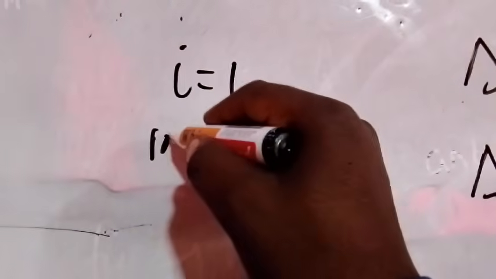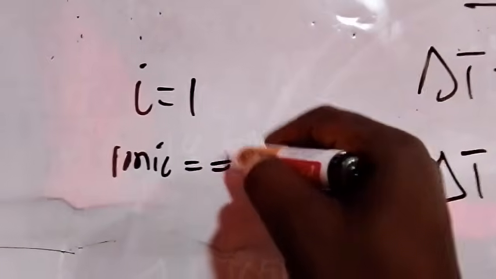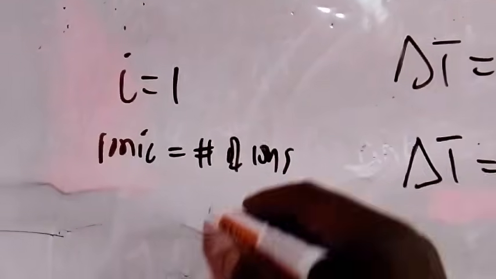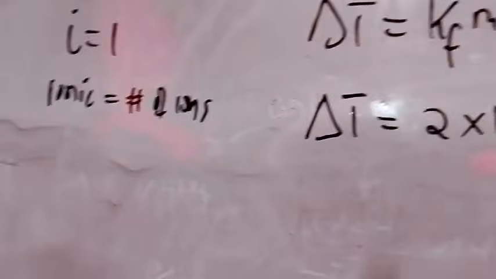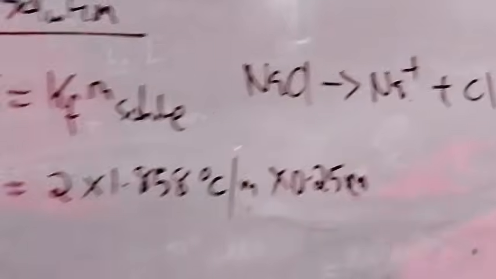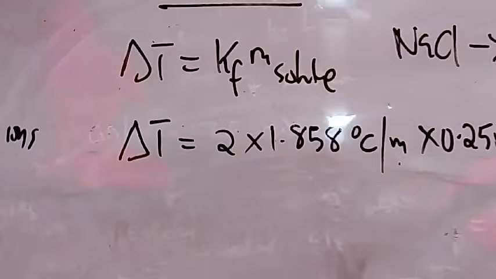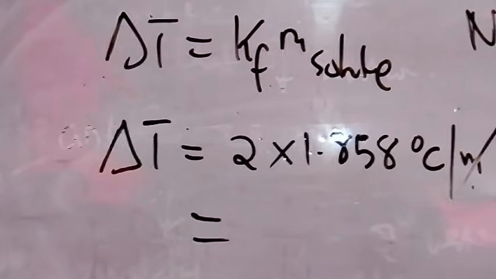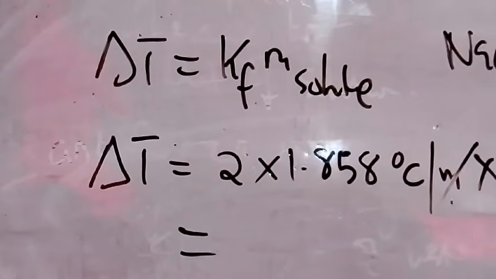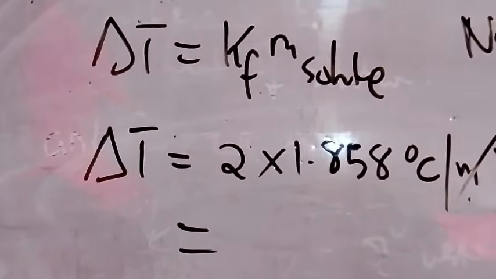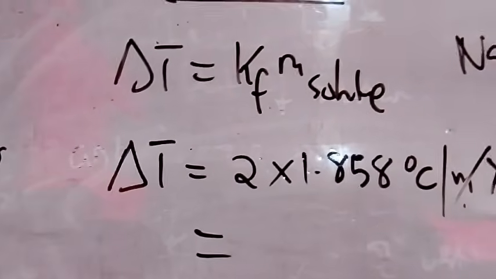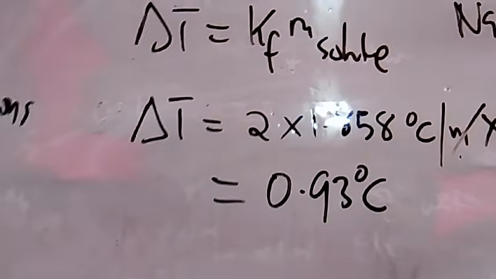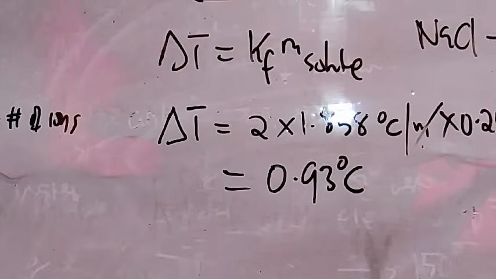For ionic, it is the number of ions present in solution. So when you multiply, you get delta T is equal to 0.93 degrees Celsius.